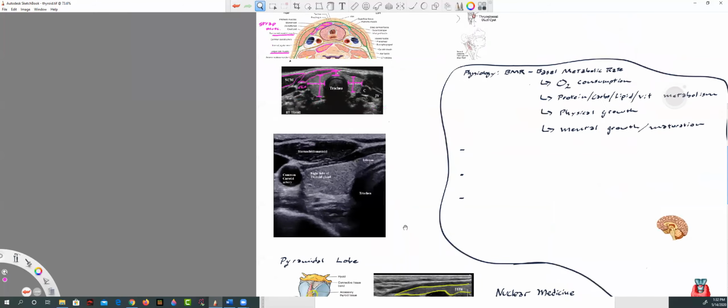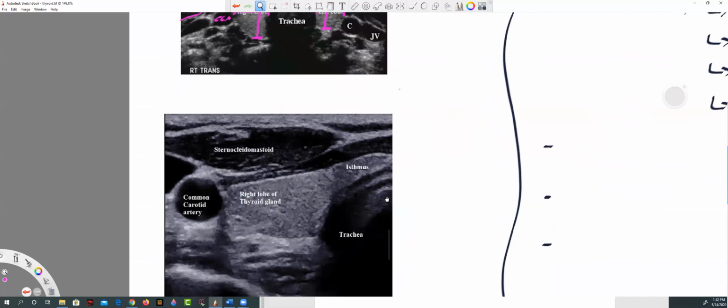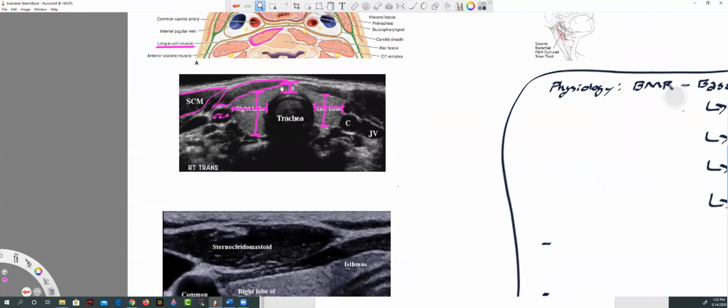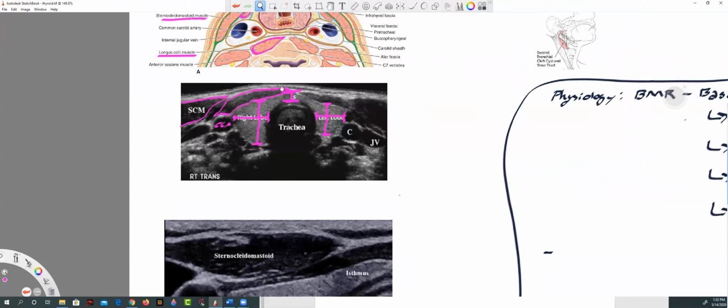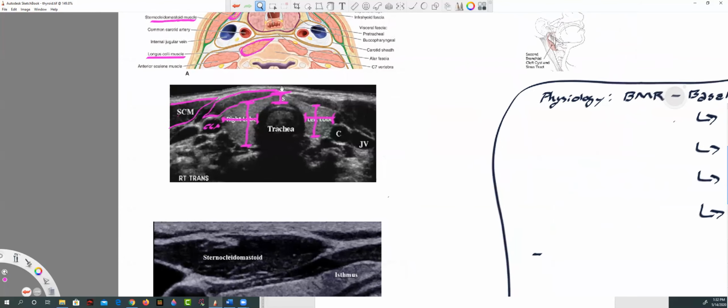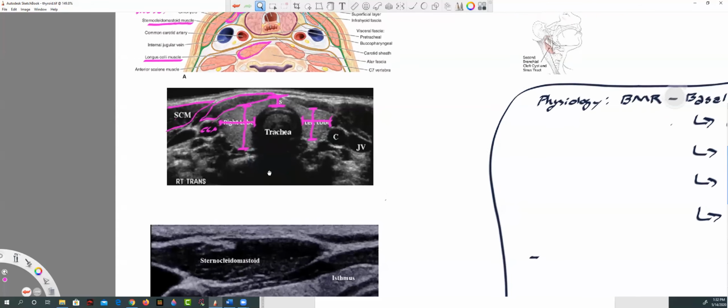Let's look at these pictures. Or this picture, I should say. So this technologist has slid the transducer to the side. But I want to see one thing up here. So I got this picture, this one up here, and I have another one.